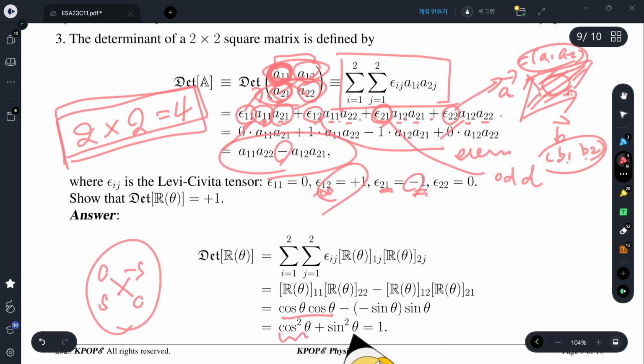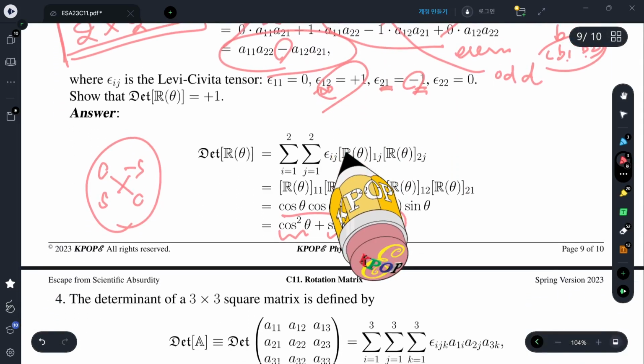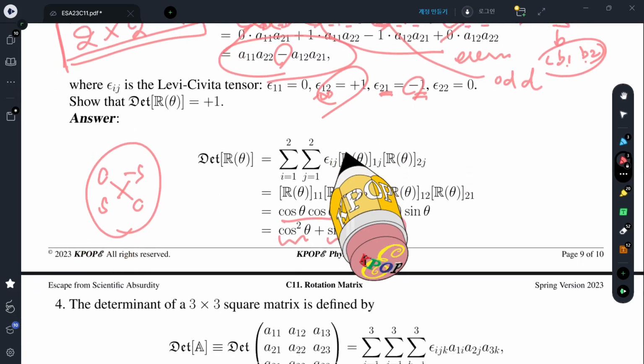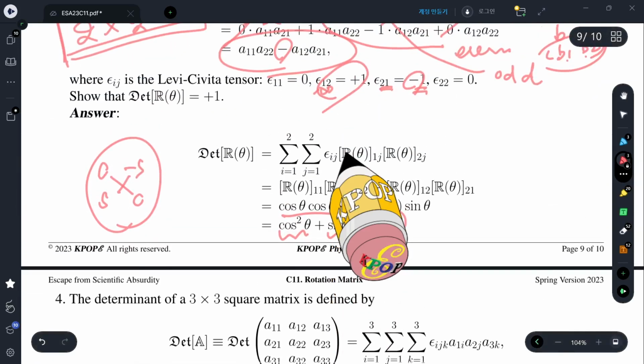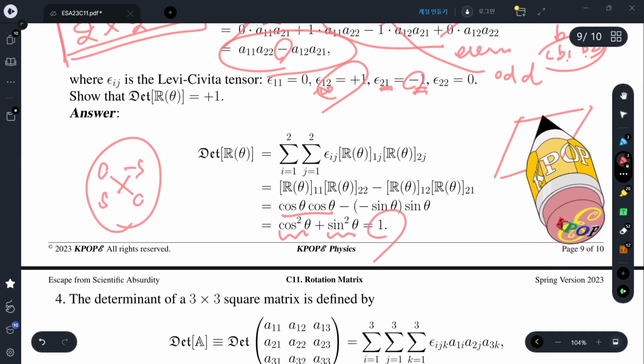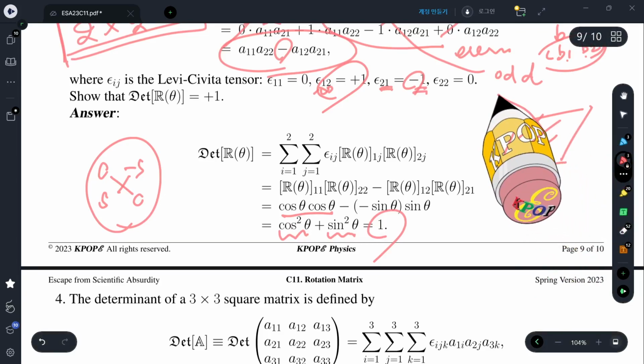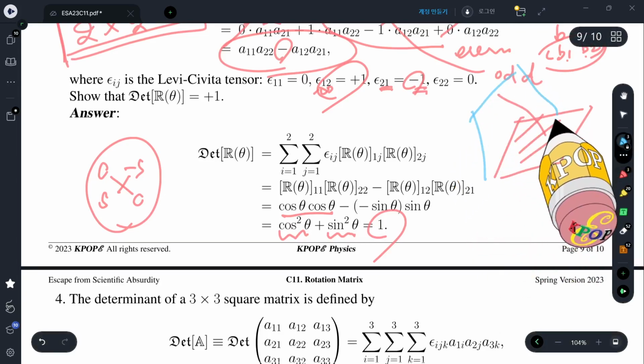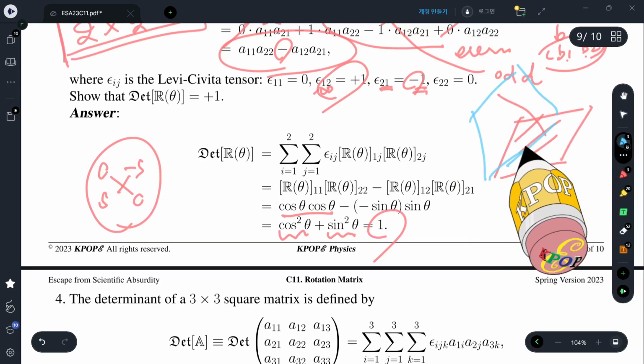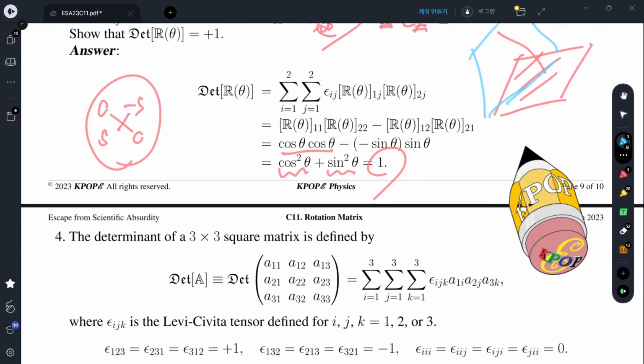Therefore, cosine squared plus sine squared, that is 1. Okay, so this shows that the area of a parallelogram doesn't change after the rotation. The determinant keeps the area of a parallelogram in 2 dimensions.